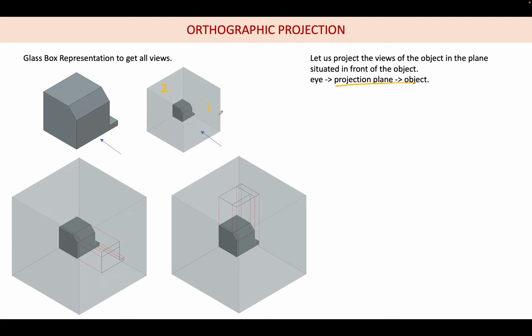Can anybody say? In this case the observer is here and your object is inside. We are saying that the projection plane should be in between the object and the observer. So the plane is number 1 or number 2 for the front view, I am asking. Can anybody say whether it will be the back side or the front side?